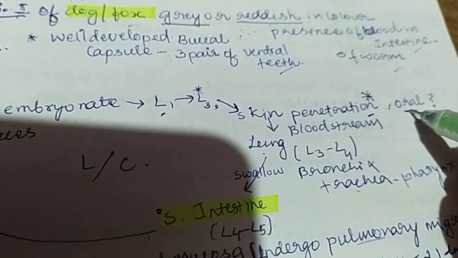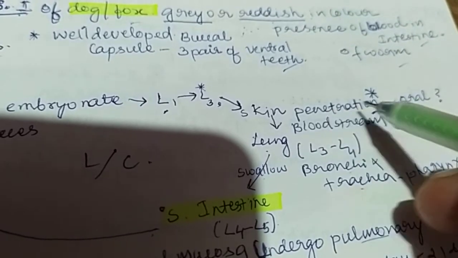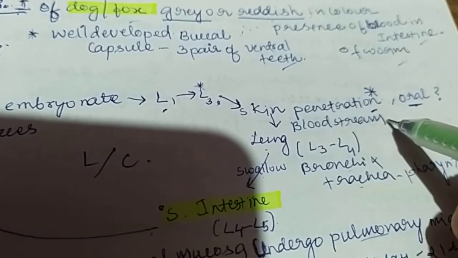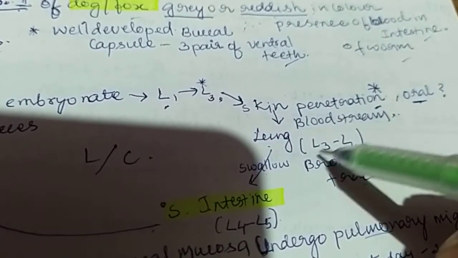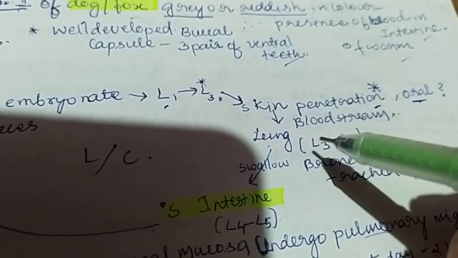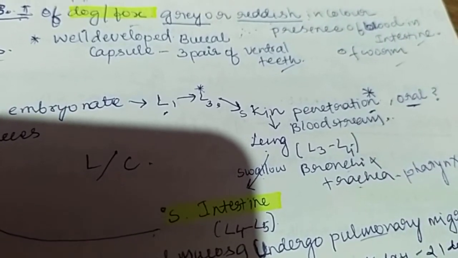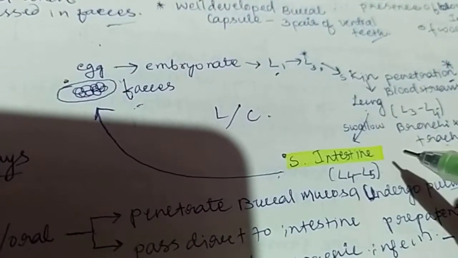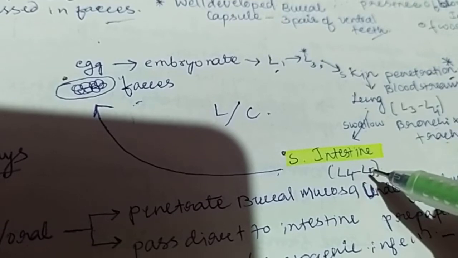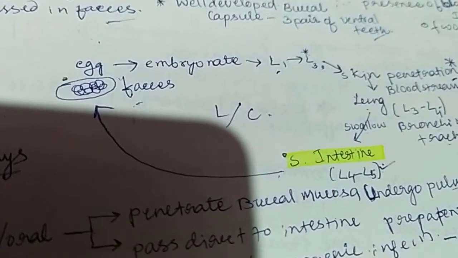Sometimes the oral route of infection can also be seen. By penetrating the skin, those larvae will enter the bloodstream and reach the lungs. Inside the lungs, L3 will molt to produce L4. From the lungs, it will reach the bronchi, and from the bronchi to the trachea and pharynx. From the pharynx, it will be swallowed and reach the small intestine, and in the small intestine again L4 will molt to become L5, and that is nothing but the adult. Then it will start laying eggs, and those laid eggs are voided in the feces. This is about the life cycle.